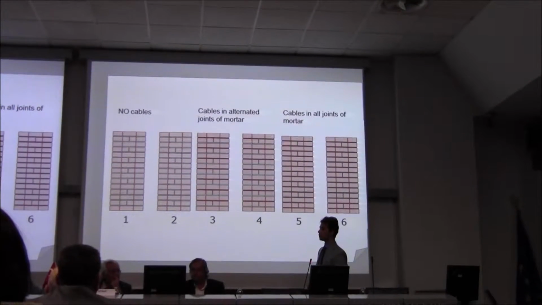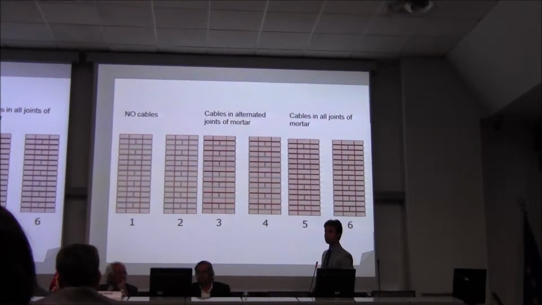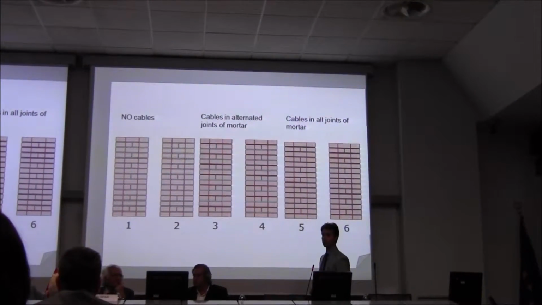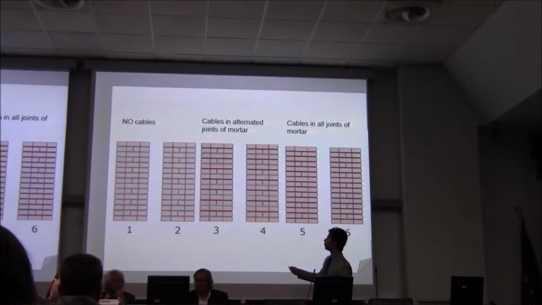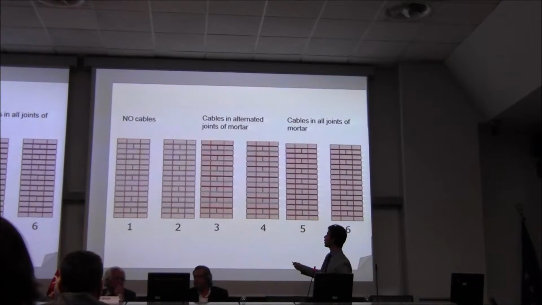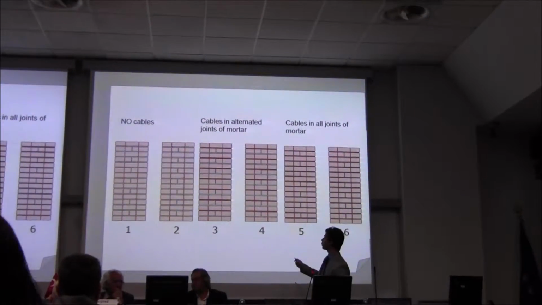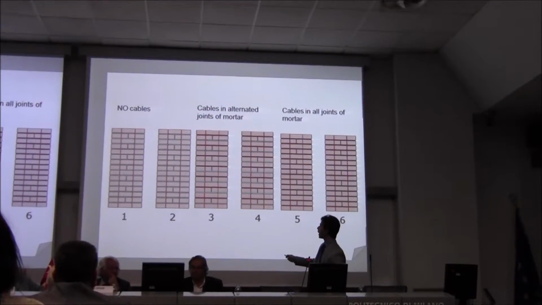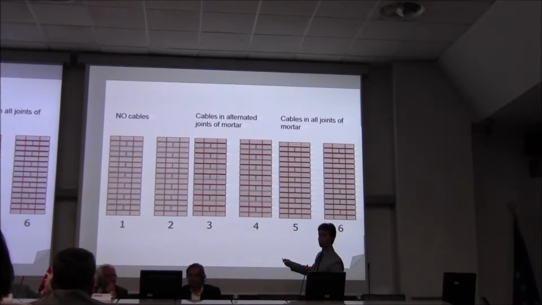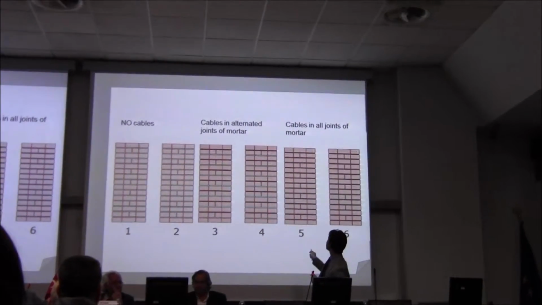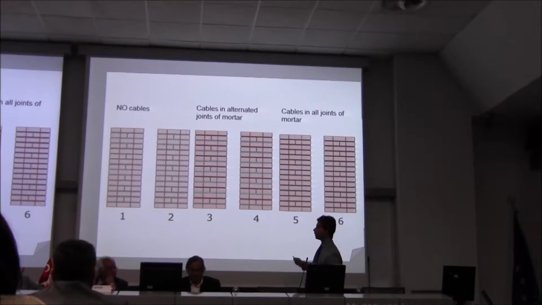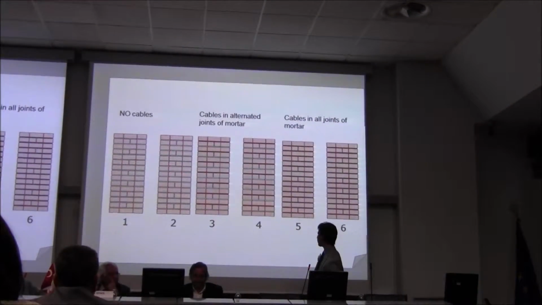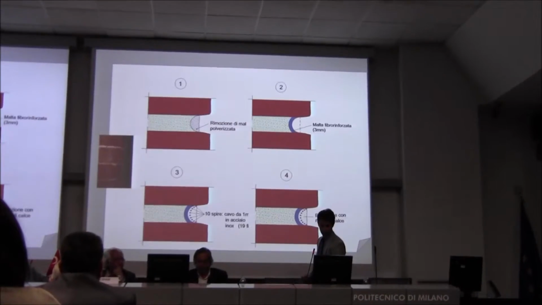Concerning this experimental campaign, several types of specimens were tested. Specimens 1 and 2 without any cables, specimens 3 and 4 with cables in alternate mortar joints, and then cables in all mortar joints in columns number 5 and number 6.